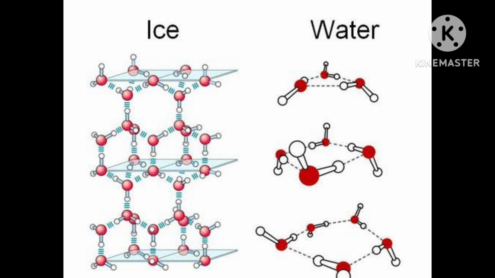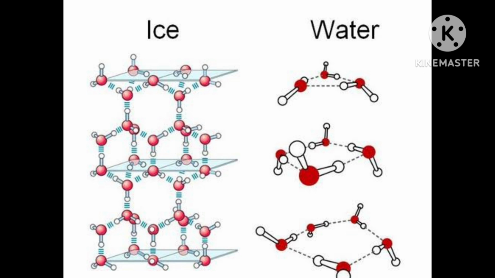Due to this hydrogen bonding, all the H2Os are joined to each other and we get water on the earth. Otherwise it was not possible. All greenery would have been impossible without hydrogen bonding, because plants require water.